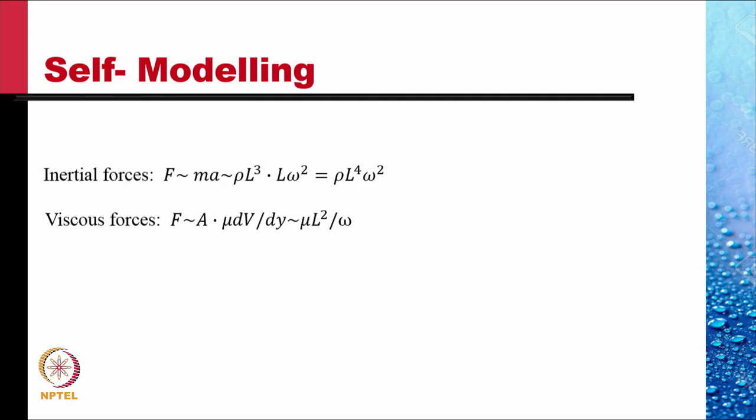It is understood that all quantities are the characteristic values. Converting these forces into torque, the inertial torque would be like rho L raised to the power 5 times omega squared, multiplying the force by L. The viscous torque would be like mu times L cubed times omega.